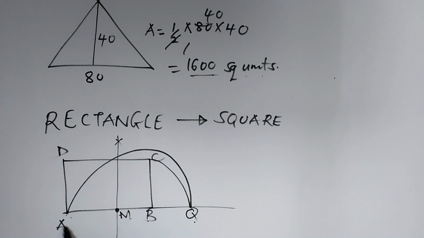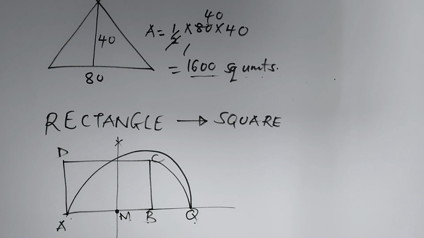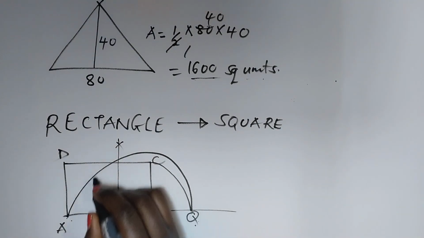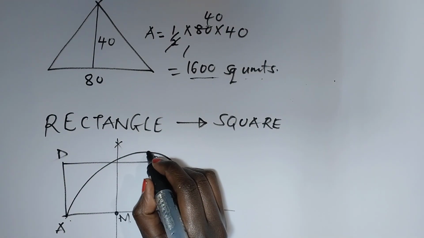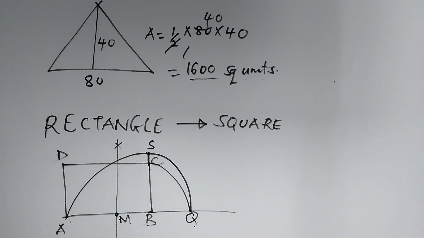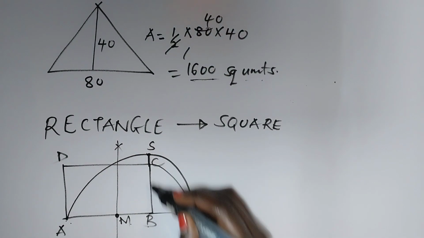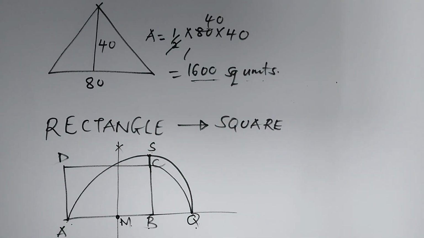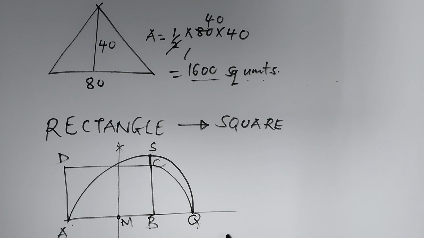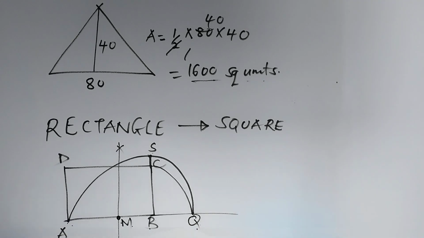As you can see, my semicircle starts at point A and ends at Q. From there, I'm going to extend line BC to touch my semicircle, maybe at point S. Remember now, BS is one of the side lengths of our square. And we know that in a square, all the lengths are equal.